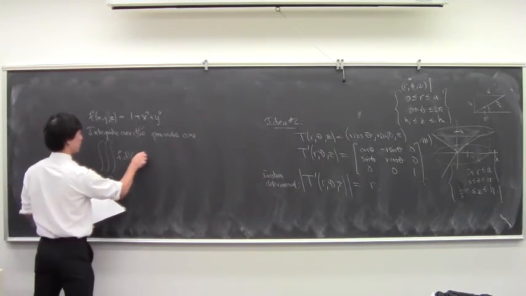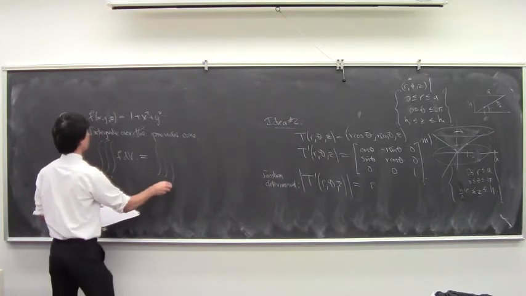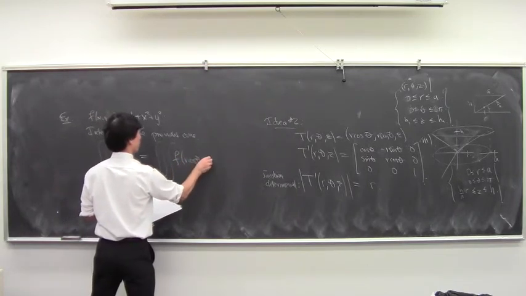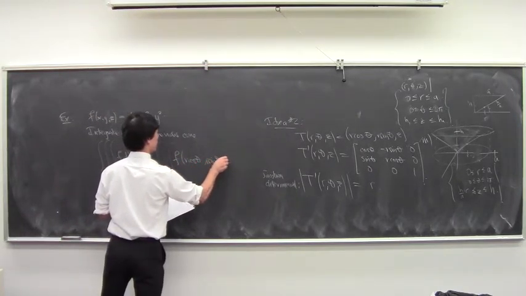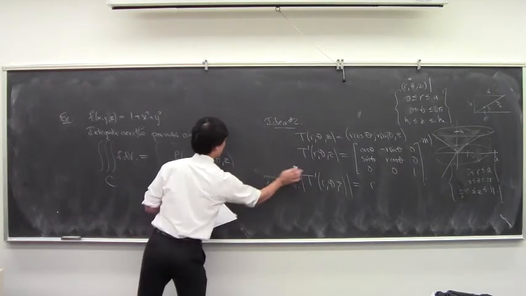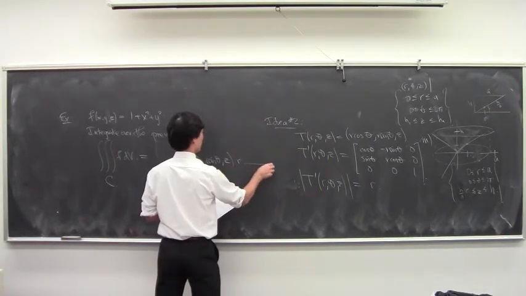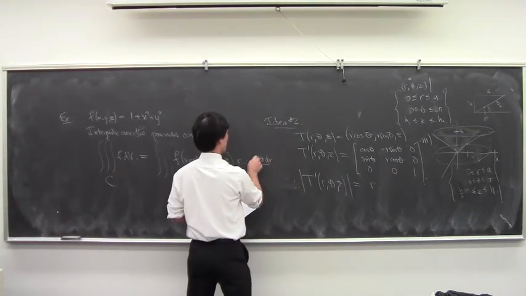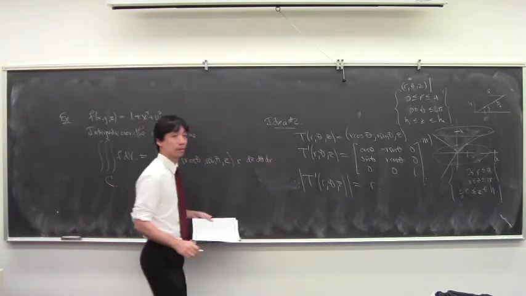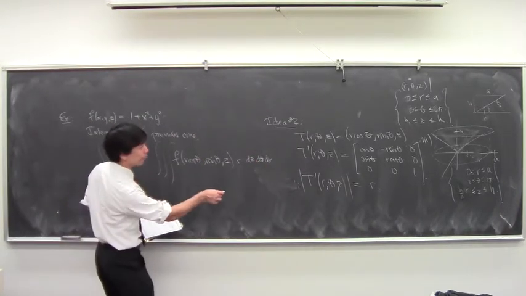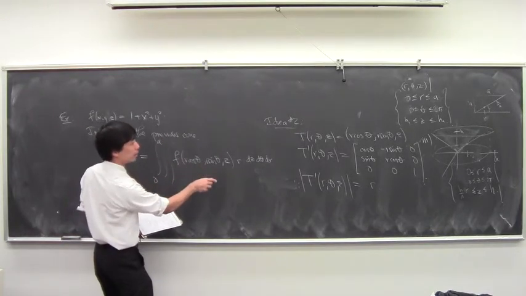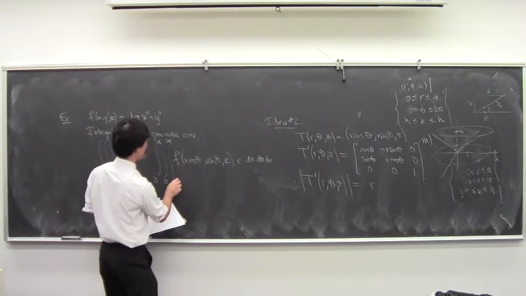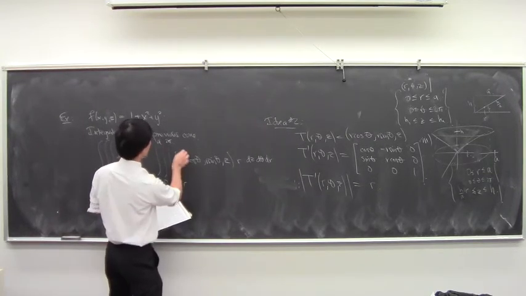Let's call the cone C. The integral over the cone is going to be this guy evaluated at r cosine theta, r sine theta, z, and then we need the r, and then whatever order we had, dr d theta dz, where r ranges from 0 to a, theta ranges from 0 to 2 pi, and z ranges from h over a times r to h.